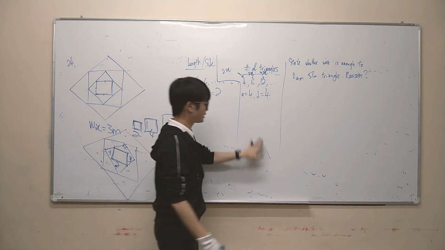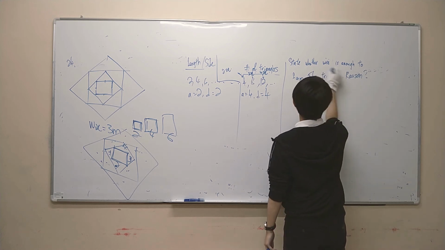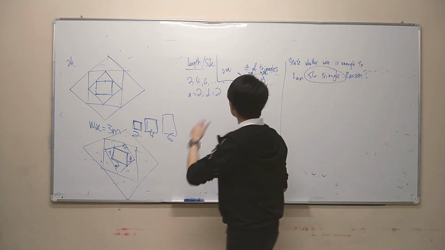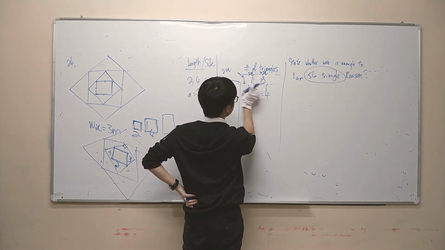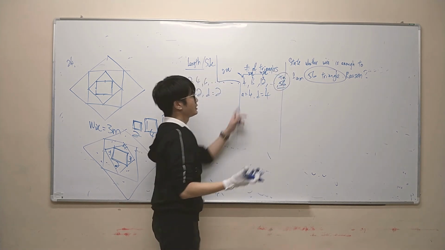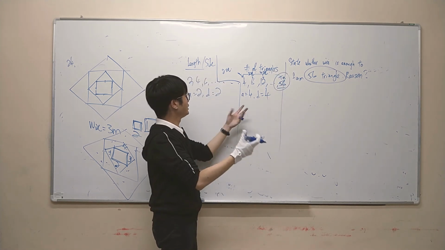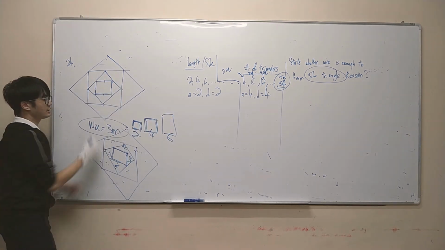But nanti kita berapa? Okay, state whether wire is enough to form 56 triangles. So first, what I need to do, I need to know that the 56 triangles is T what first. I need to know is T berapa. It means how many squares. And then baru saya tengok, because I know I only have 3 meter, right?